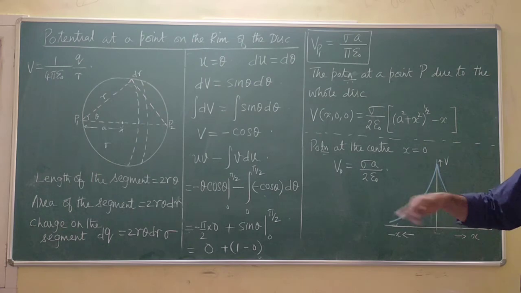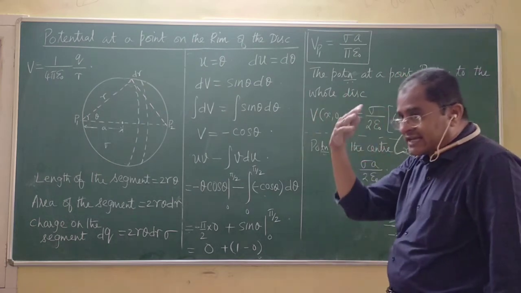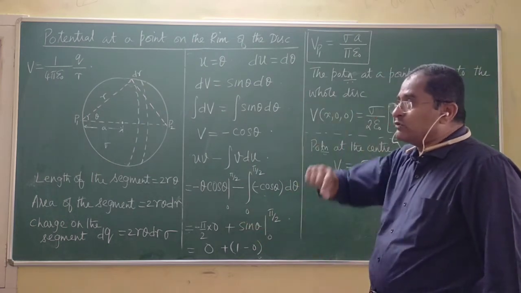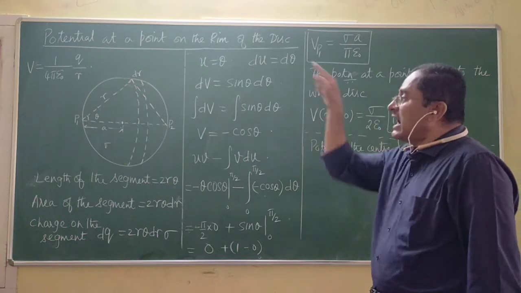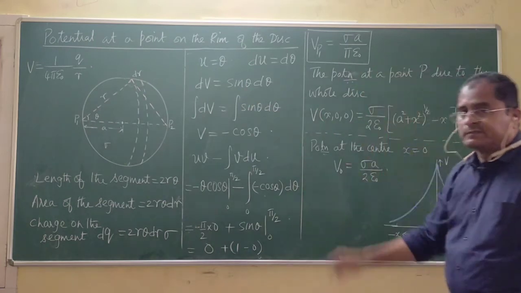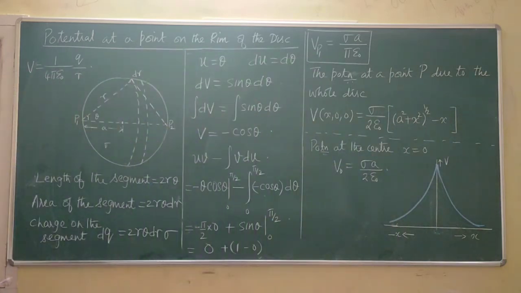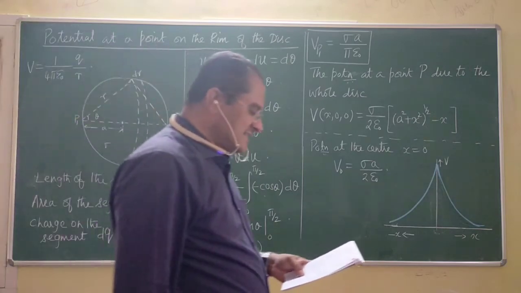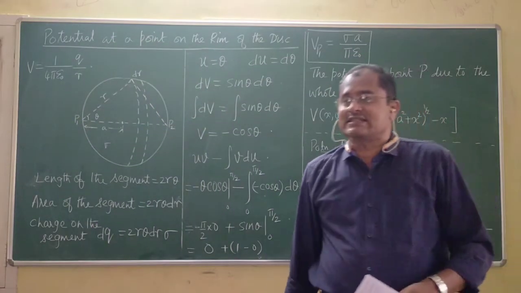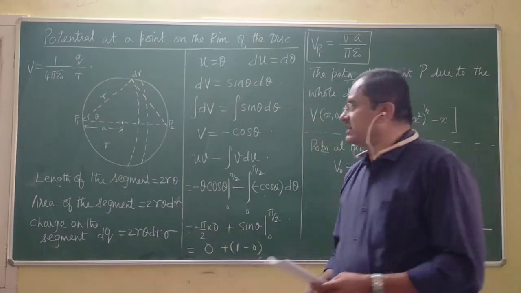What we have derived is not due to the entire disk, but due to the rim of the disk at the point P1. Is that clear to you? If this is clear, I would like to proceed to find out how to calculate electric field at an axial point P on the x-axis at a distance plus x from the center.